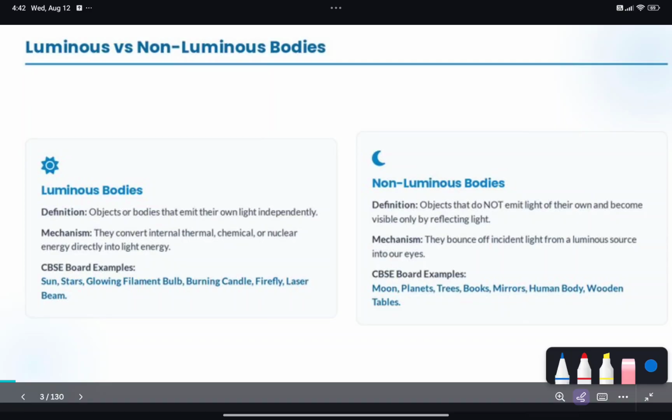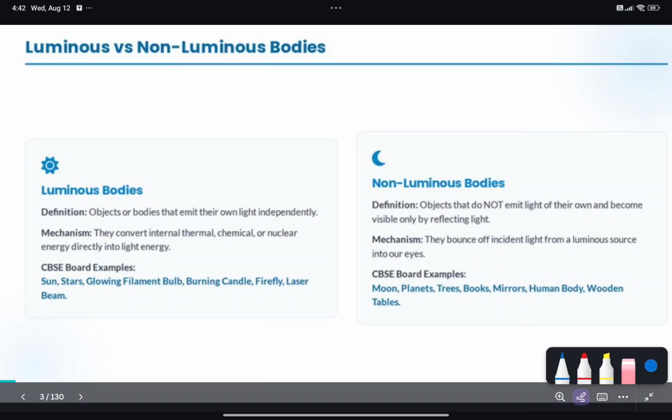What are the examples for the luminous bodies? The sun. We can discuss particularly about the sun, one of the stars. All stars emit light on their own. Glowing filament bulb. Yes or no? In our homes there are a number of bulbs. Some reactions take place in the bulbs. Clear or not?